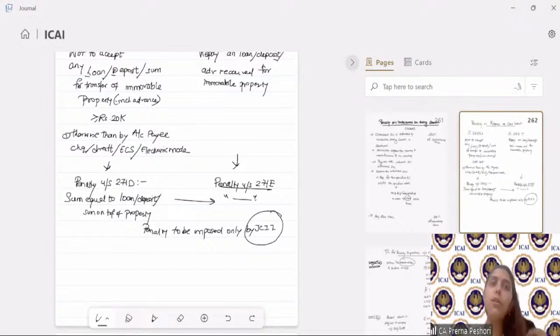Even if you don't remember, if you just quote that there is a penalty also for this, that is all right. Even if you don't write the proper amount, there is no point writing a wrong answer rather than not writing that point itself. So don't write wrong answers. Just say that yes, there exists a penalty for non-furnishing of TDS statements. That is how you can do it.